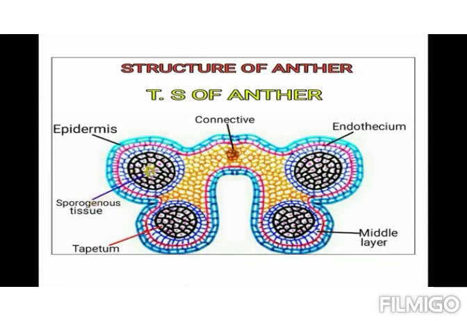At the time of the maturity of the anther, they function as microspore mother cells, which are diploid, 2x, in nature. After maturity, the microspore mother cells go for meiotic cell division.